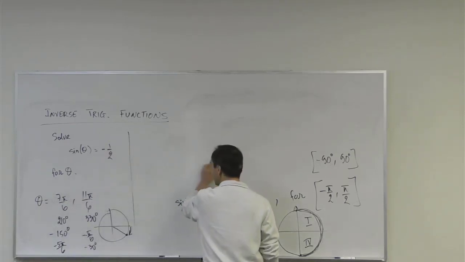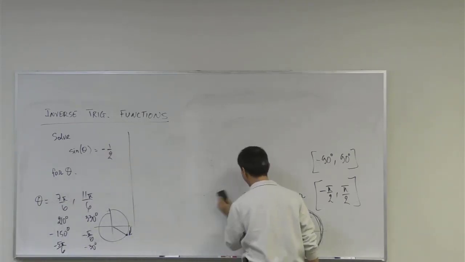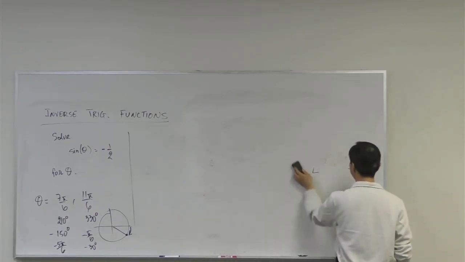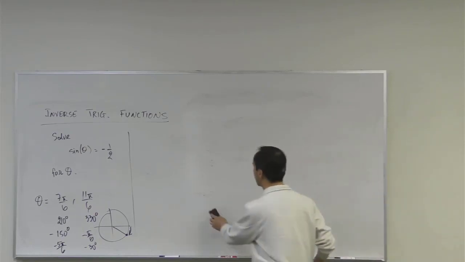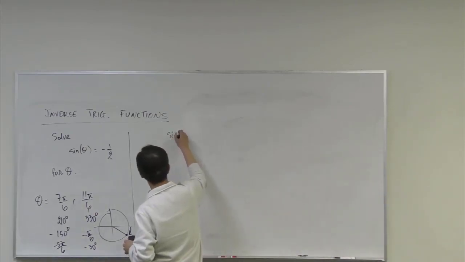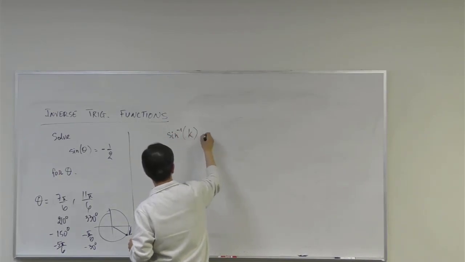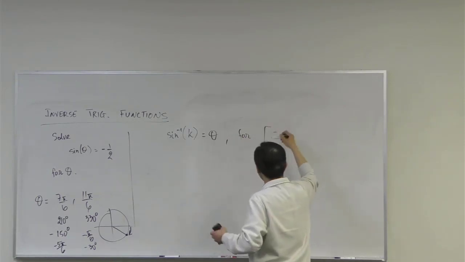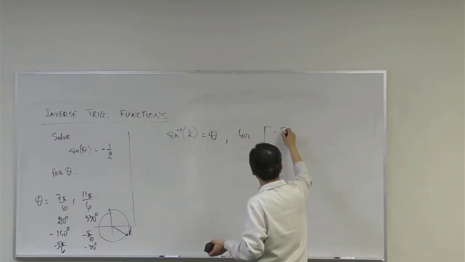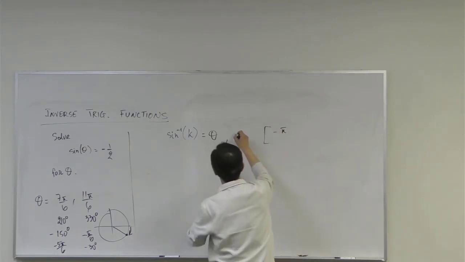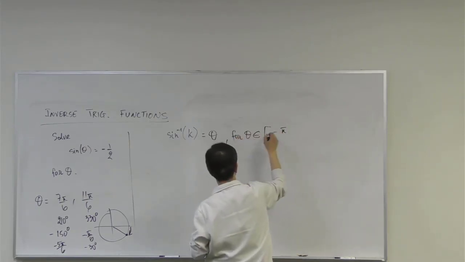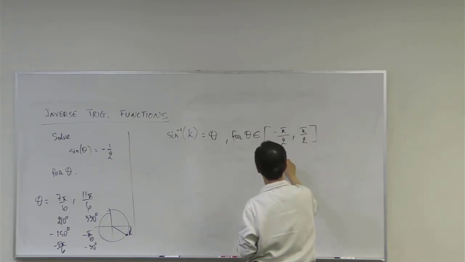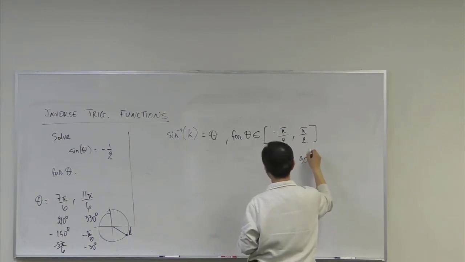So let's try to get that answer from the calculator's point of view. Again, I'm in the middle of getting it clear for you guys: anytime you're running a sine inverse operation, you're going to come out with an angle that, just the way we purposely designed it, is in that interval anywhere from minus pi over 2 to pi over 2, or minus 90 degrees to positive 90 degrees.